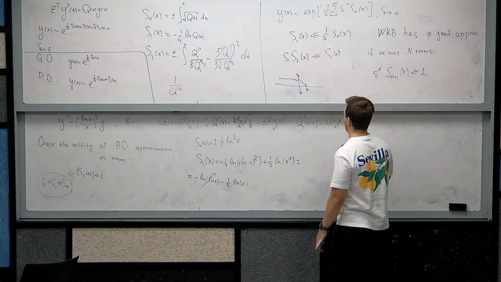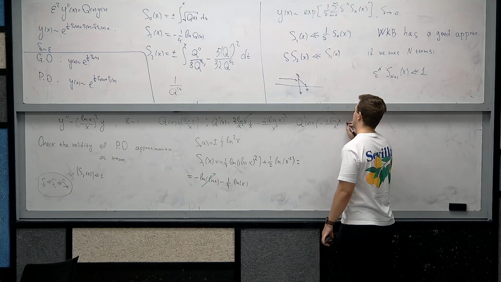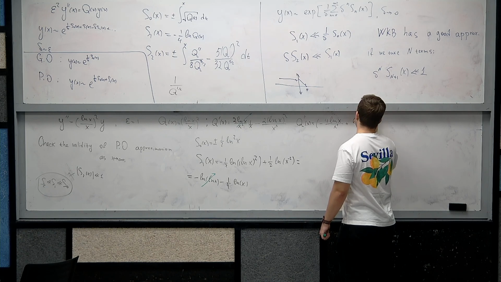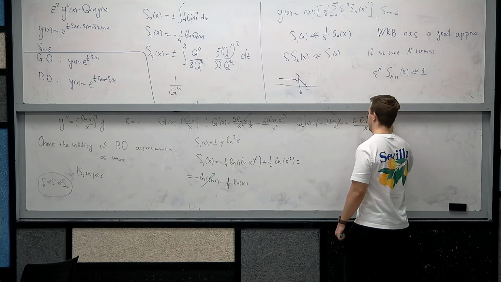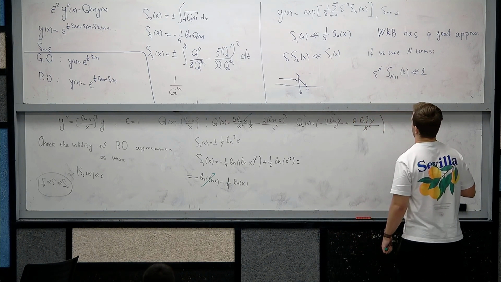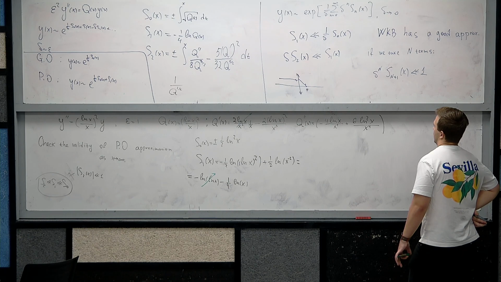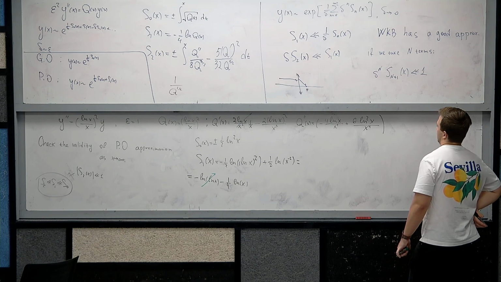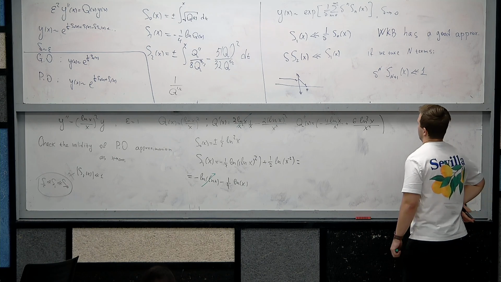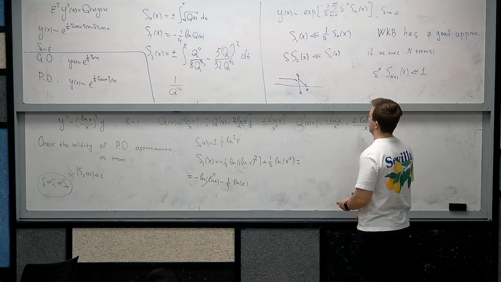Then the second one is plus 6 ln square of x divided by x to the 4th. I think like this. And again, we can neglect this one.